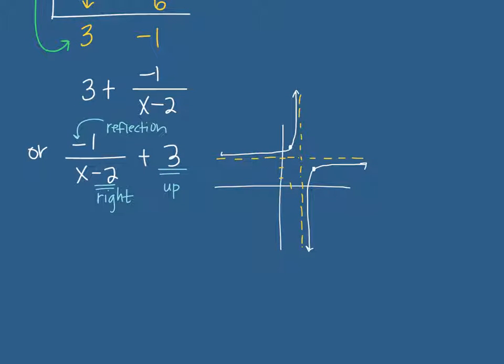The domain of this is all real numbers, x not equal to 2. But then our range is going to be y not equal to 3, because that's where the asymptote ended up. That means our range goes from negative infinity to positive infinity, but not at 3, where it breaks the hyperbola.